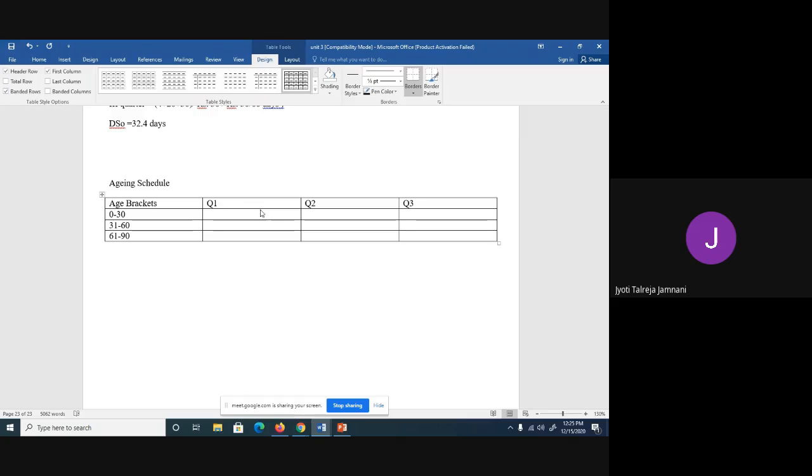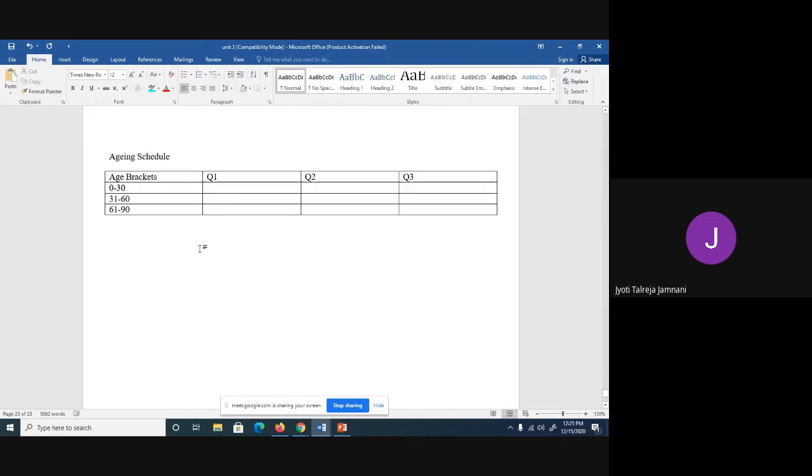Now what do we have to do? We have to find, in quarter 1, from 0 to 30 days, how much percentage is there in the age bracket. So basically we'll find receivables of the last month of the quarter divided by total receivables of the quarter into 100. I'll write down the formula here, and then while solving you'll understand what I'm trying to say.